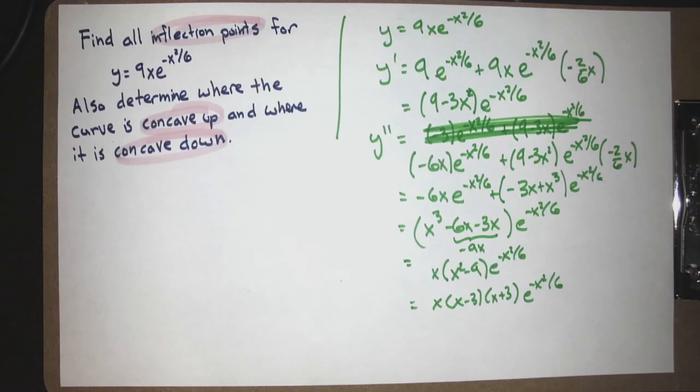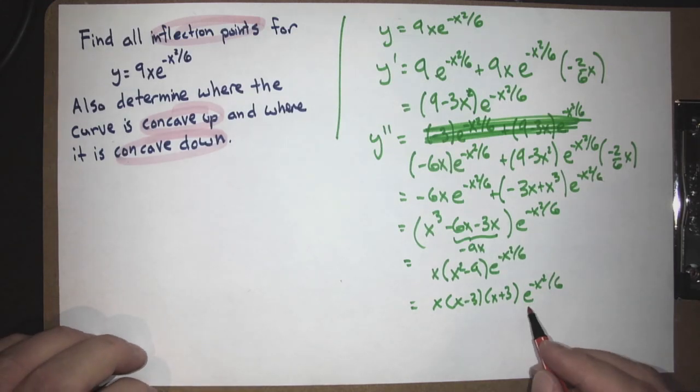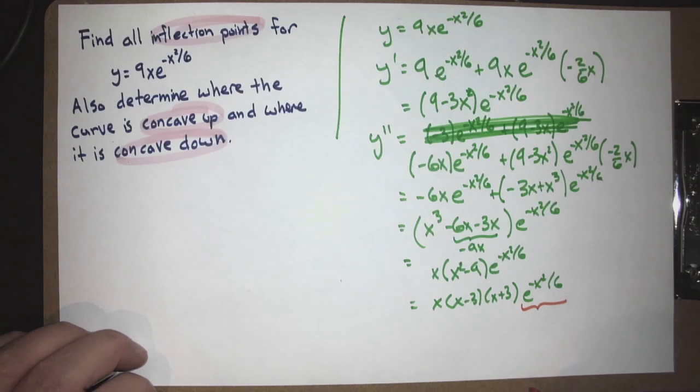So if we're looking for a possible inflection point, what type of points are we looking for for the second derivative? The second derivative can be either undefined. Is that ever undefined? No. Or it could be 0. Okay, so let's check. Is this e function ever 0?